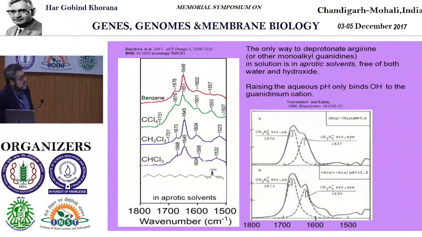So this band here at 1560 is not characteristic of truly deprotonated guanidine. Instead, it's only characteristic of the guanidinium hydroxide ion pair present in nonpolar solution. It's also similar in aqueous solution.